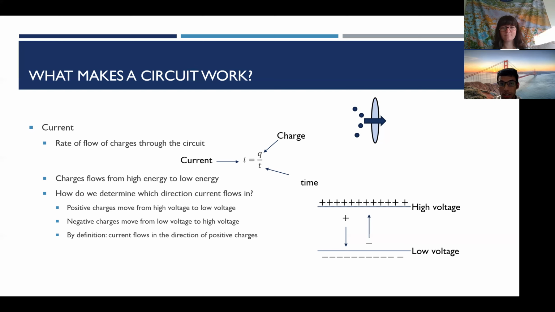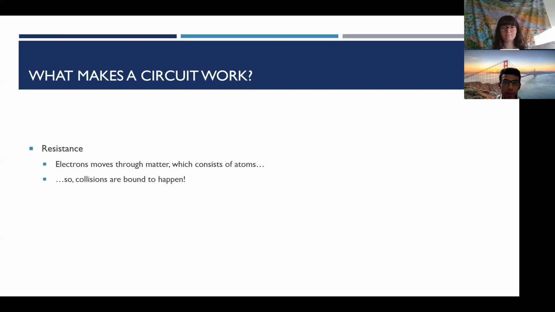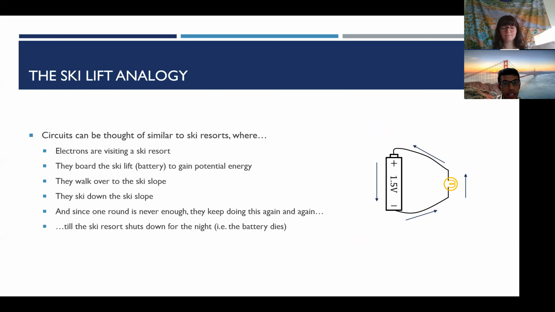And if we imagine these charges to be positive charges and they're flowing to the right, the current is also flowing to the right. All right, so if we go back a few slides and look at this diagram, these arrows right here represent the direction of the flow of electrons.